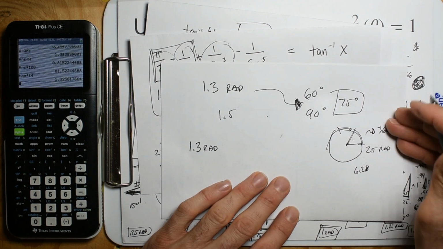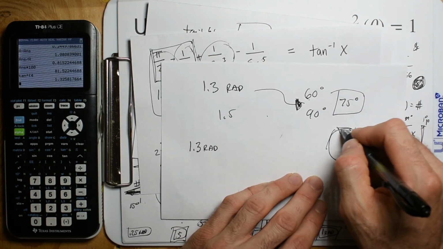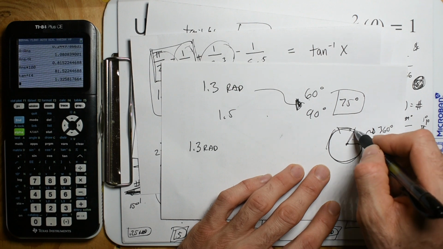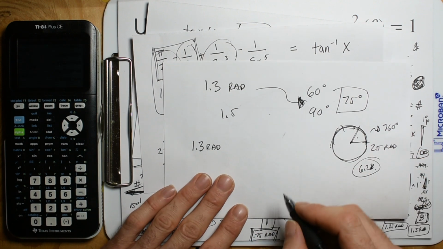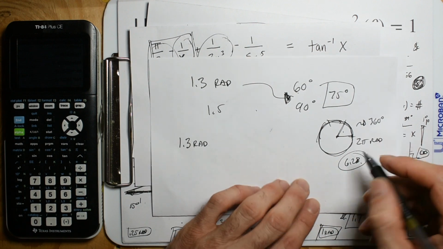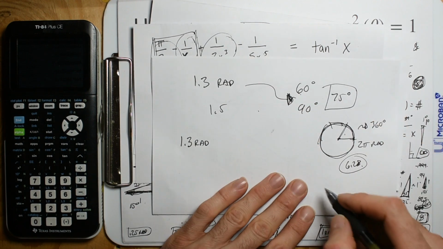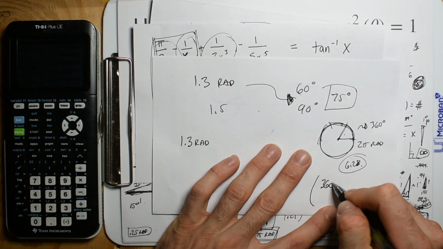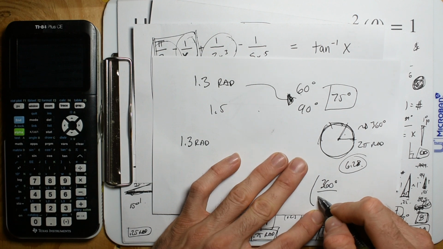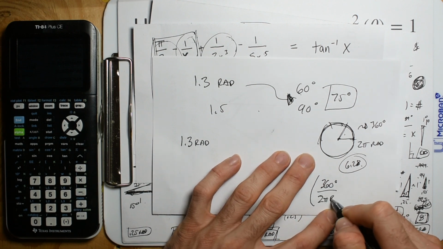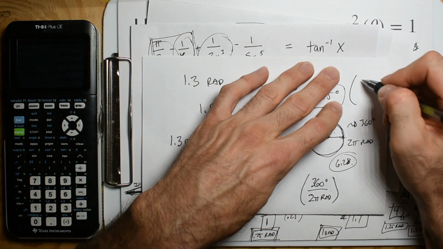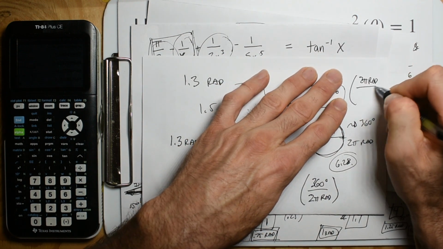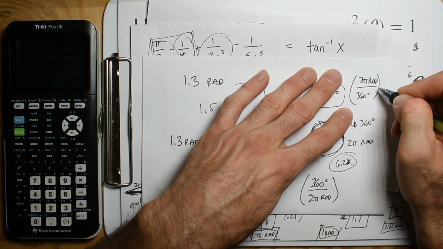So those two things are equivalent, 360 degrees and doing this angle 6.28 times. Anytime you're doing things that are equal, I would always stack them. So I'm going to do 360 degrees divided by 2 pi radians, and then I would write it again, 2 pi radians divided by 360 degrees.